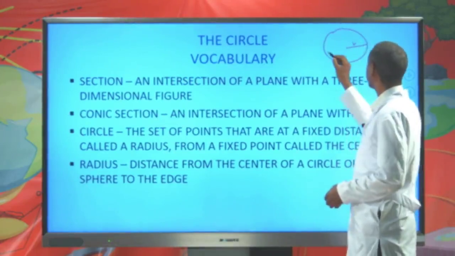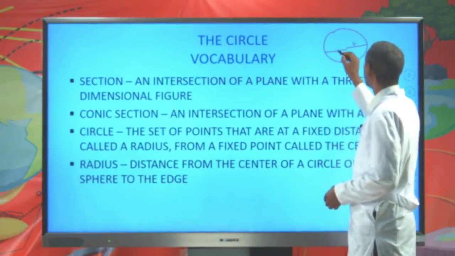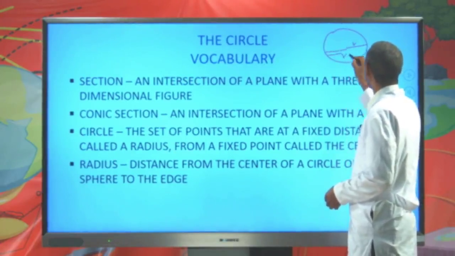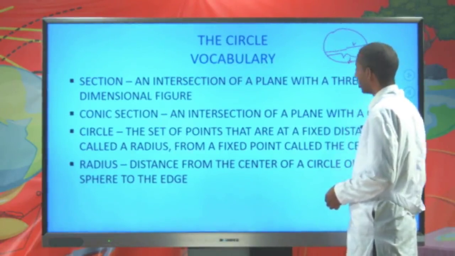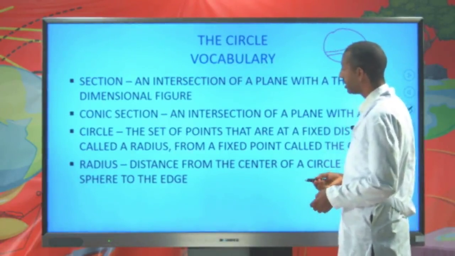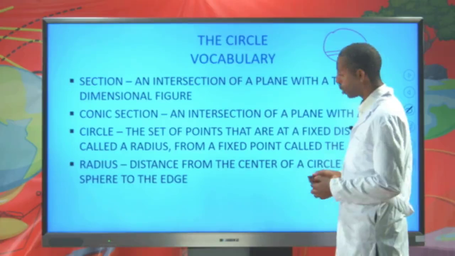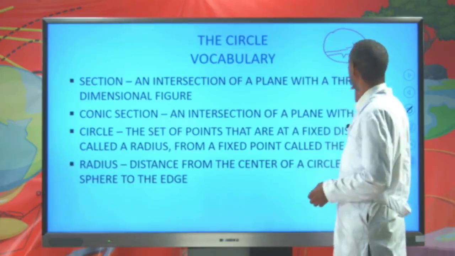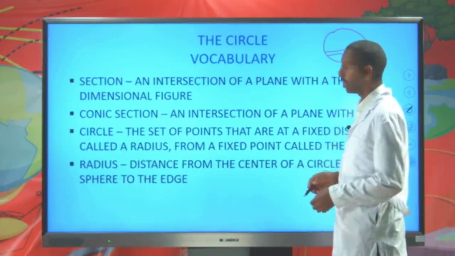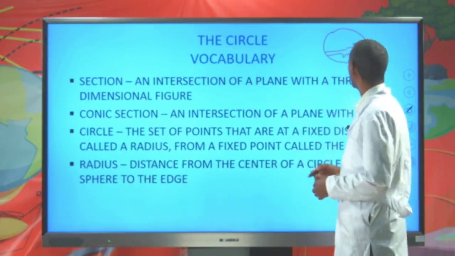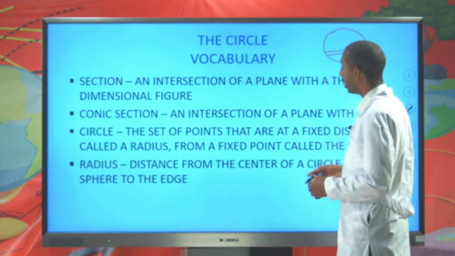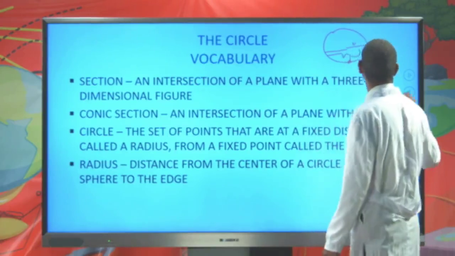And twice the radius, we call the diameter. So this length is the diameter of the circle. Sometimes in writing the equation of a circle, you might be required to find the diameter. At the same time, you may be required to find the radius of the circle by writing the equation in standard form.